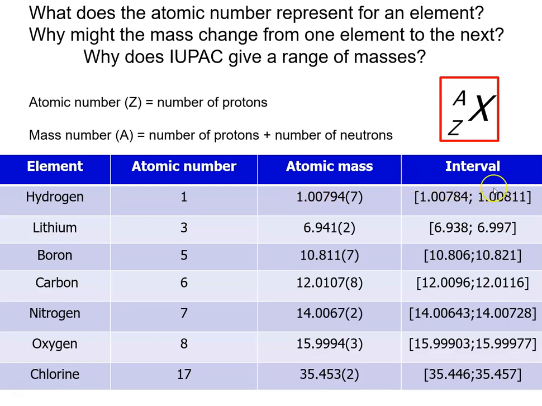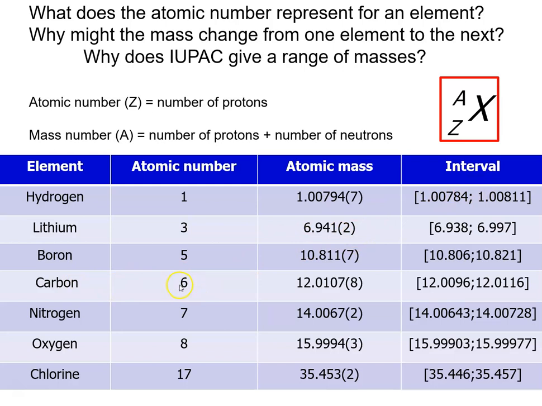There are intervals given here, usually the highs and lows of the averages, and the interval gives you the varying differences. It depends on what part of Earth you're on: the United States, China, Russia, the South Pole, the North Pole. These levels can change, and sometimes you get intervals because, depending on where you are, there might be different concentrations of isotopes.